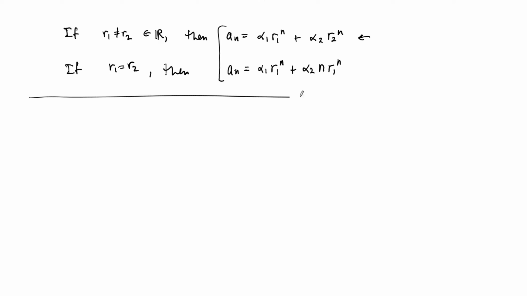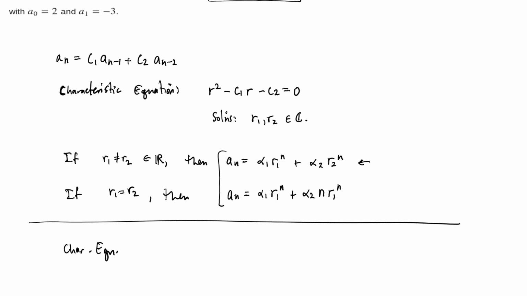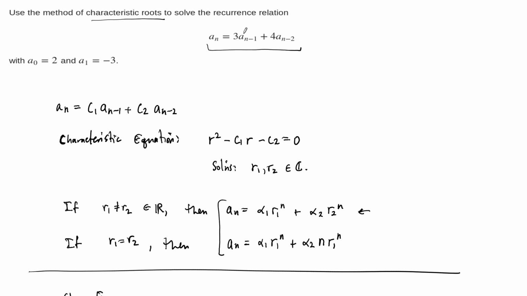So let's go back to our problem now. We need to write down the characteristic equation. To do that, let's look at the recurrence relation itself. In this case, c1, the coefficient on a sub n minus 1, is 3, and c2 is equal to 4.